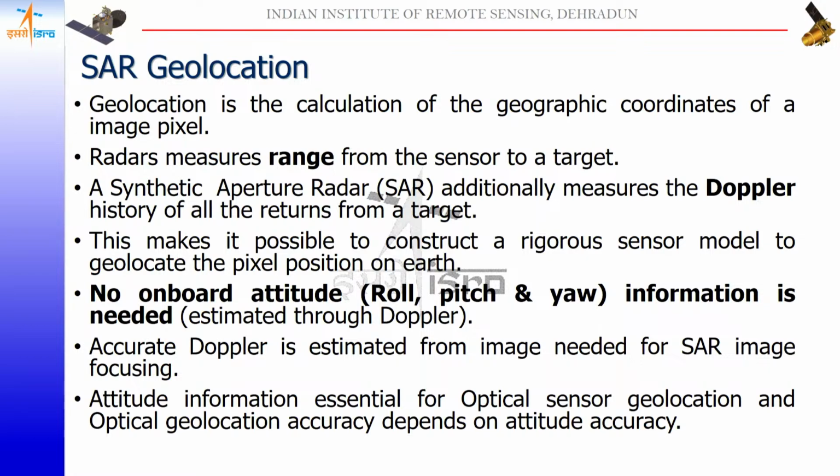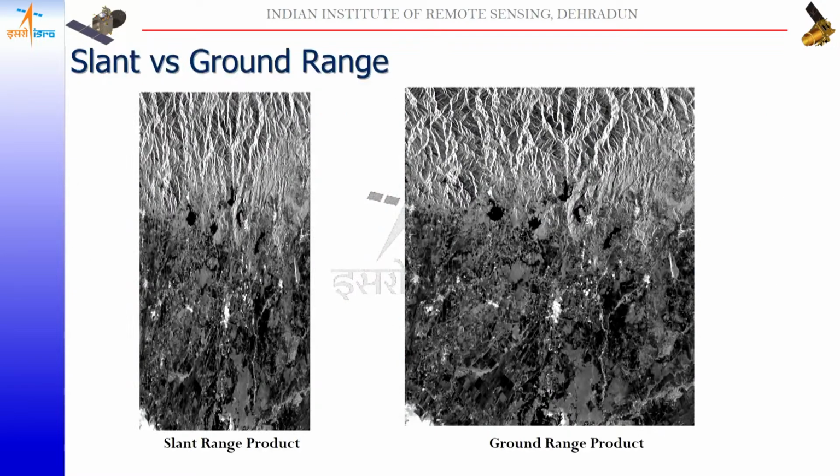For that we have to do the geolocation. Geolocation means we have to find the latitude and longitude of each pixel, and using that latitude and longitude we project our SAR image, either the slant range image or the ground range image, onto the ground itself, in the lat long geometry.